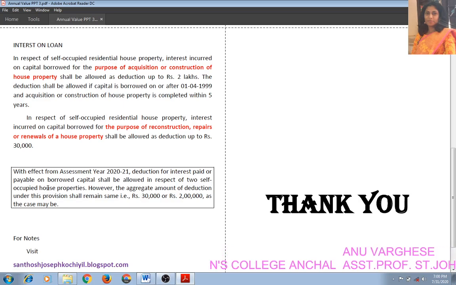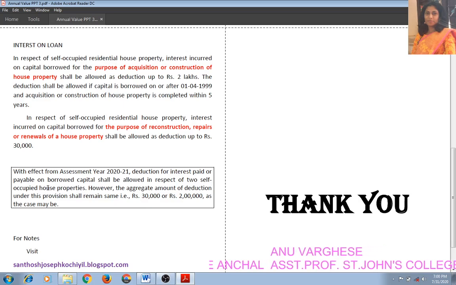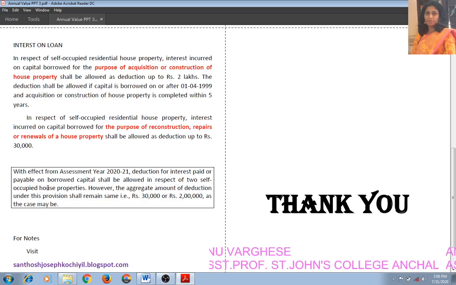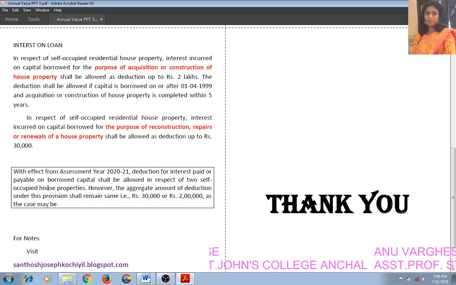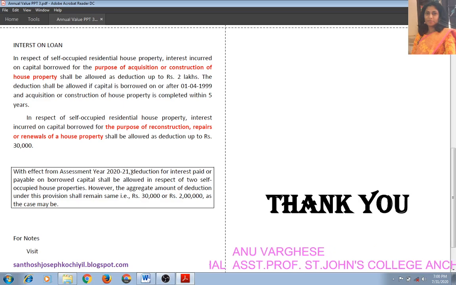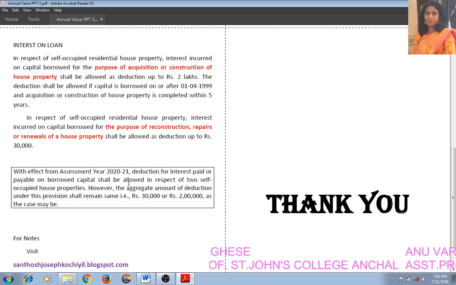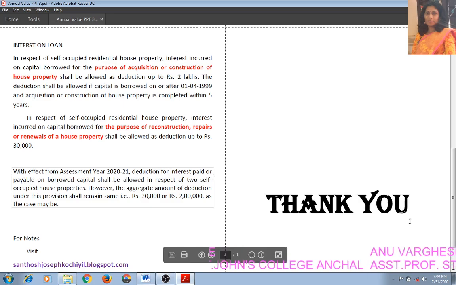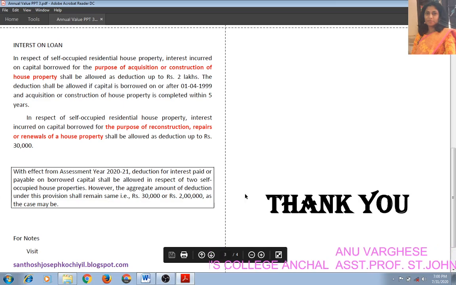In the scenario before Finance Act 2019, if an assessee had more than one property for self-occupation, then only one of those would be considered as self-occupied for taxation purpose. The other self-occupied property would be considered as deemed to be let out. Okay, but with effect from assessment year 2020-21, deduction for interest paid or payable on loan shall be allowed in respect of 2 self-occupied house properties, not 1.